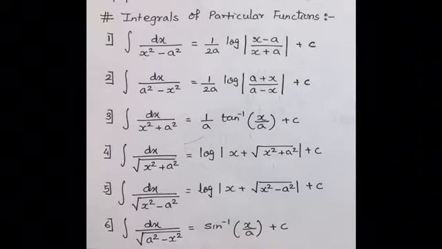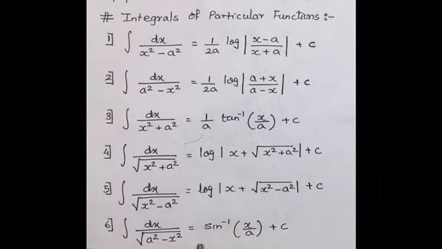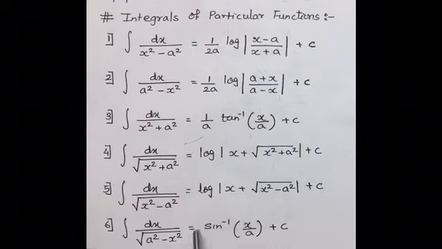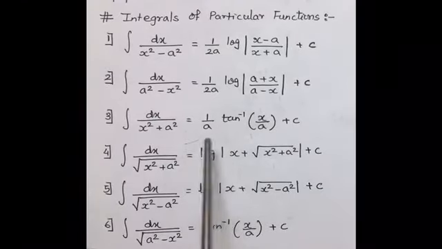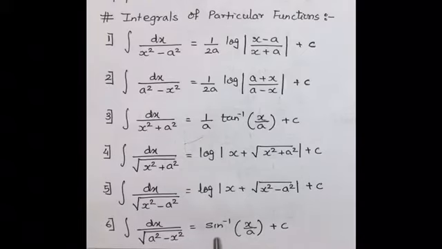Sixth is integration dx upon root of a square minus x square. That gives sine inverse x upon a plus c. Now when we are using the sine inverse form, we are not going to write 1 upon a outside. It comes only with tan inverse, not with sine inverse.